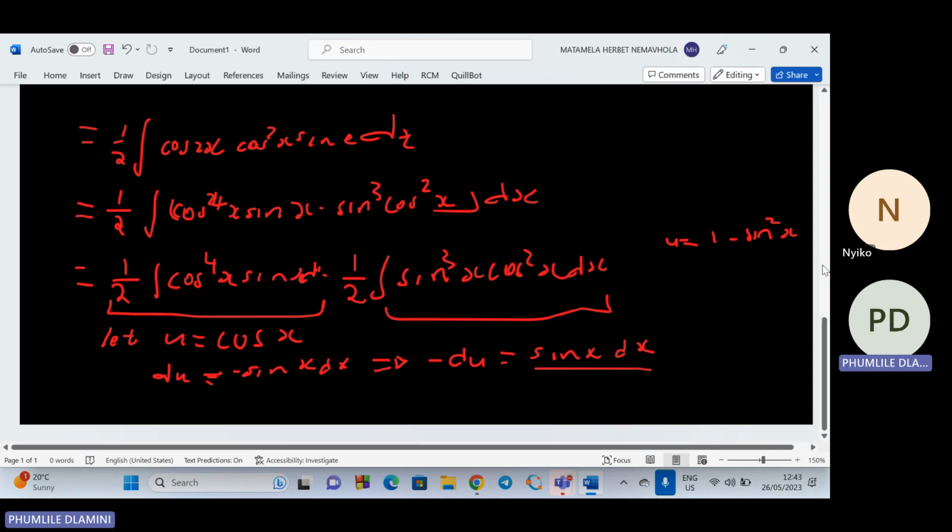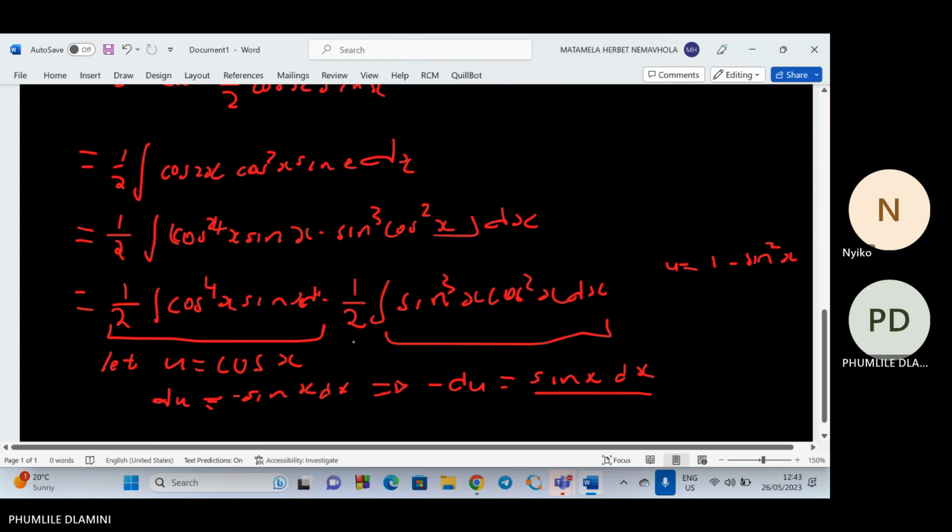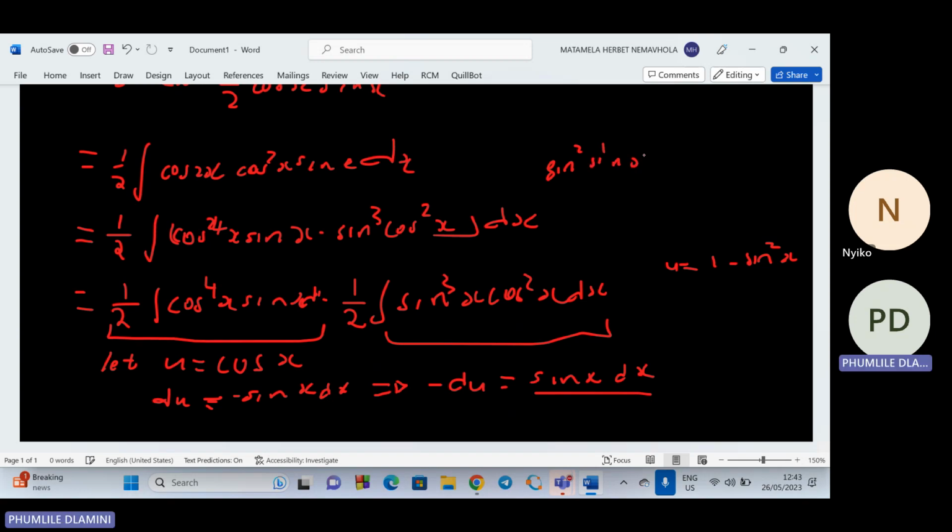So for sine cubed, for this one here, I can change. I know that I can write my sine cubed x like this way, sine squared x dot sine x, times cos squared x. So I can change it to be in the form of 1 minus cos squared x dot sine x cos squared x.